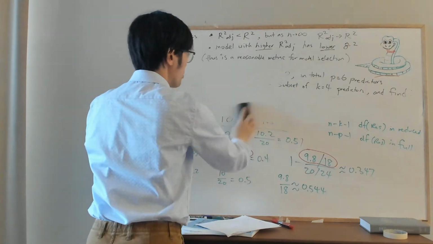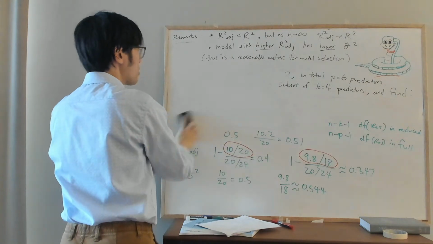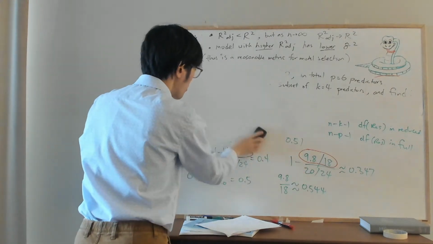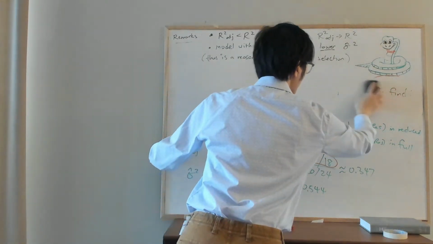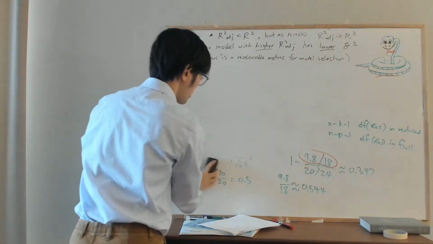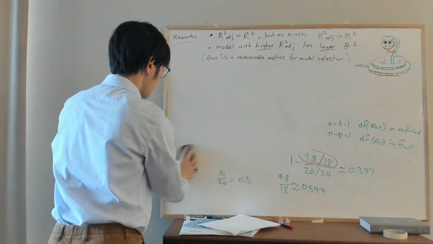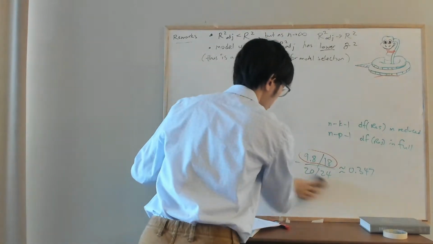It provides a reasonable metric because if we pick the model with the largest adjusted R squared, that in effect also gives us the model that will give the most precise and narrow prediction intervals for new data.